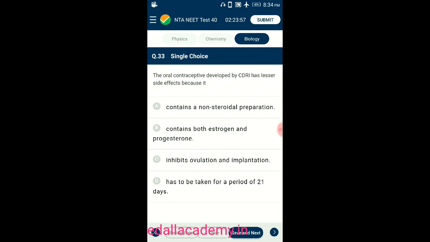Saheli, a new oral contraceptive for females, contains a non-steroidal preparation. It is a once a week pill with very few side effects and high contraceptive value. So the answer for this question is option A, contains non-steroidal preparation. So the correct option is A.